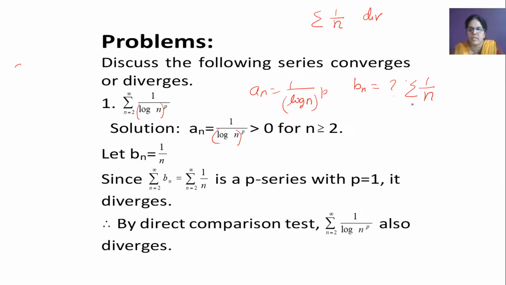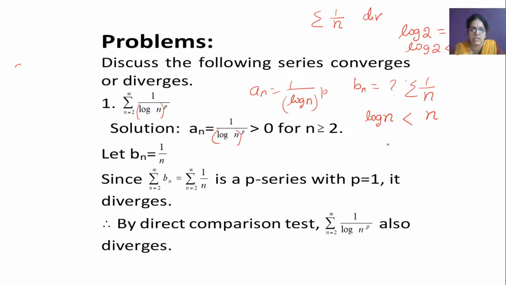So bn is sigma 1 by n, and we compare log n and n. You can see that log 2, if I take the base 10, is 0.3010. So clearly log 2 is less than 2. So log n is always less than n.